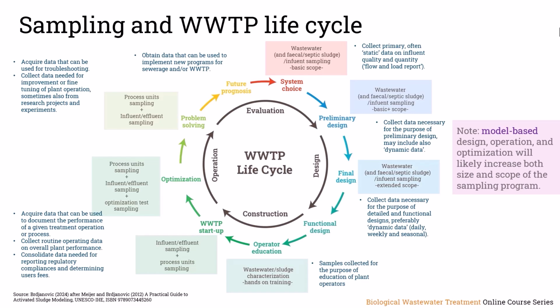And we need to check how this problem solving is influencing our effluent and what is in the influent. So we also need to include that in the scope of sampling. In this case, we acquire data that can be used for troubleshooting. We collect data needed for improvement or fine-tuning of plant operation, sometimes also from research projects and experiments.